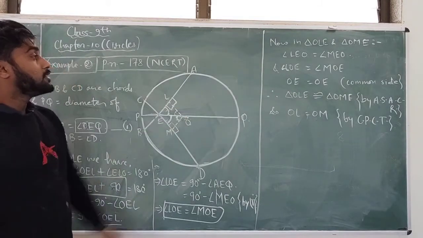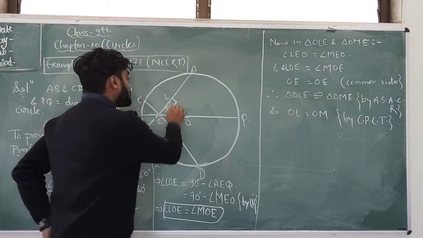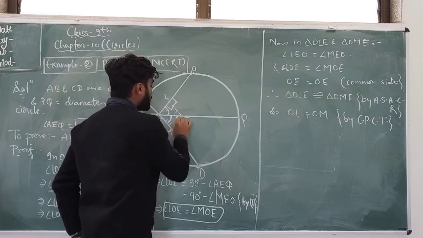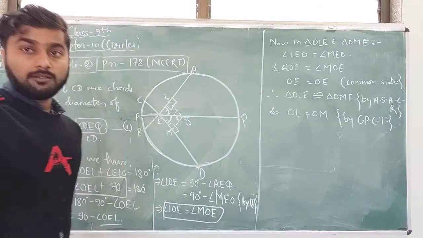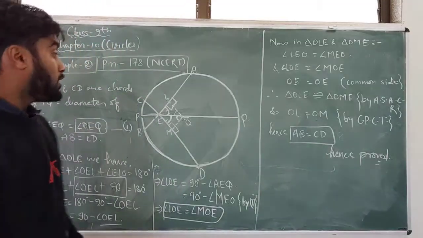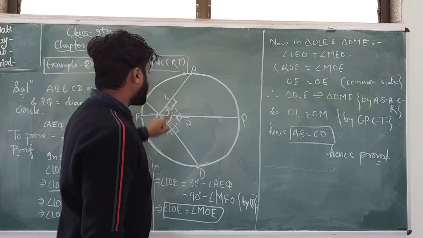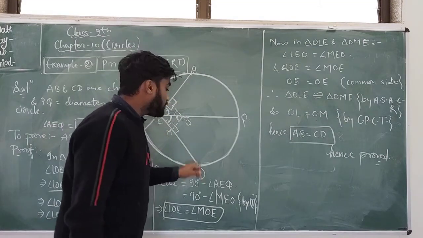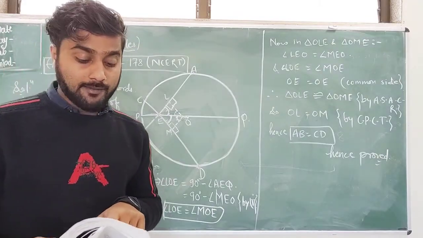So what we say is that if these two perpendiculars are equal to each other, then these two chords are always equal by the theorem. If OM and OL are both equal, then AB is equal to CD by theorem 10.7 on page 178.